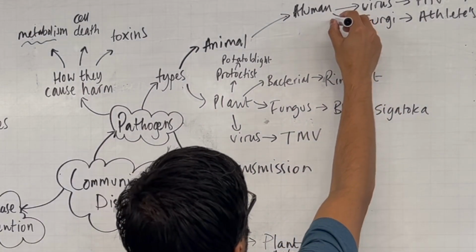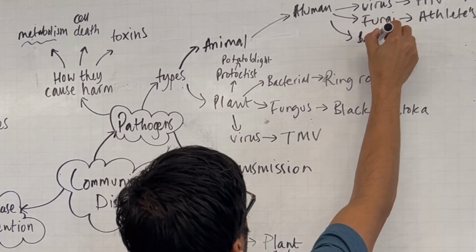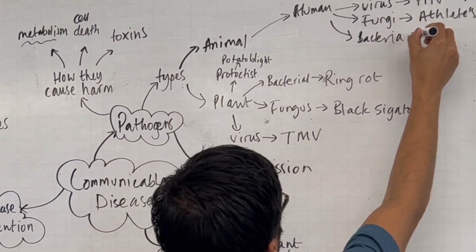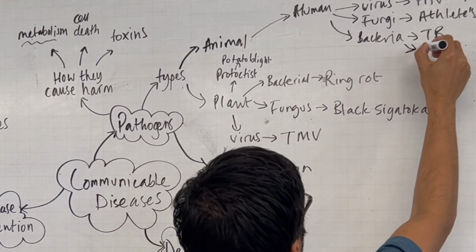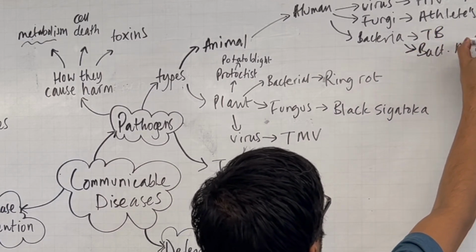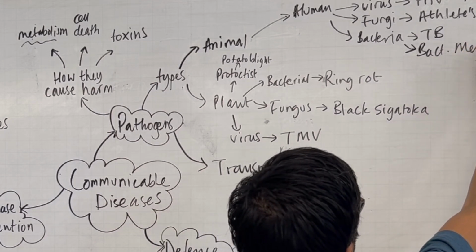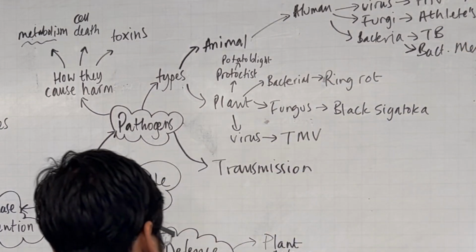Okay, we have 2 examples of bacteria in humans. So we've got bacteria, 2 examples. One is TB and the other one is bacterial meningitis.